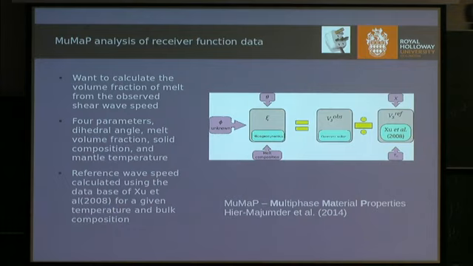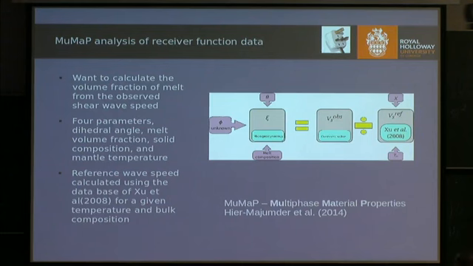And this melting anomaly function, we want to be able to vary based on the dihedral angle, based on the composition of the melt, and of course based on the melt fraction. But the melt fraction is our unknown. We want to solve for it. Okay.